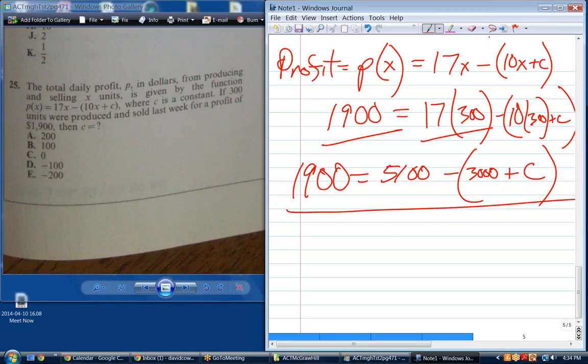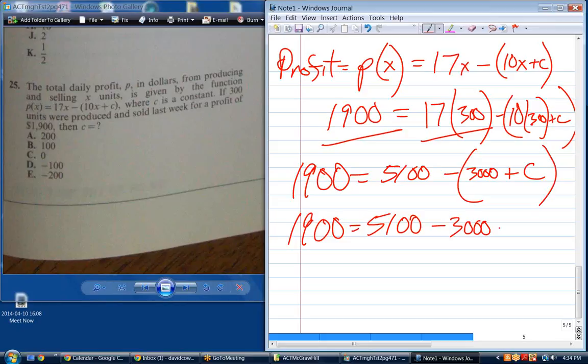Now let's remove the parentheses. So then it would be minus 3,000 plus D, minus 3,000 minus C. In other words, this minus applies to both these terms because of the parentheses.